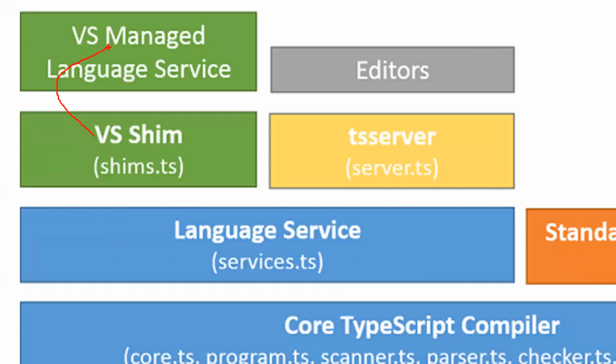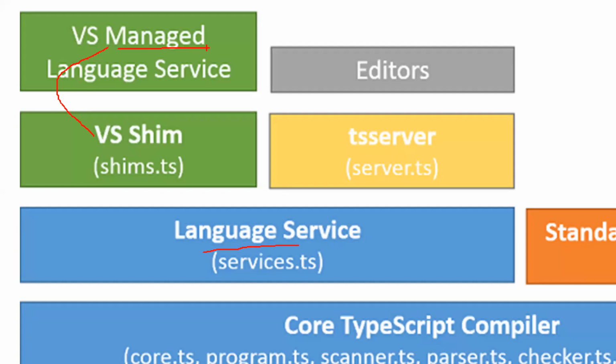Managed code. Managed code means you have two language services. One language service platform dependent, another language service platform independent. This shim will translate that into platform independent. VS is nothing but Visual Studio. That belongs to Microsoft, right?